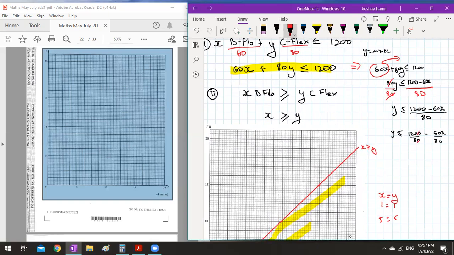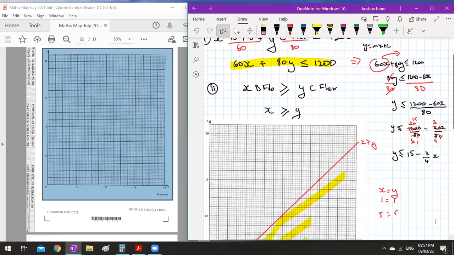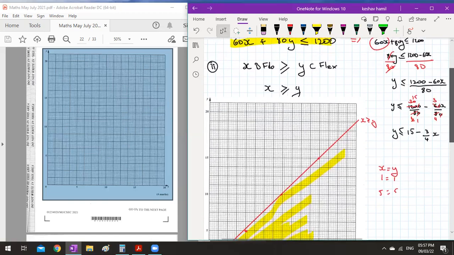Do some quick simplification here. 2 into 8 is 4, 2 into 6 is 3. 4 into 8 is 2, 4 into 12 is 3, so it's simplified down to 15 minus 3/4 x.